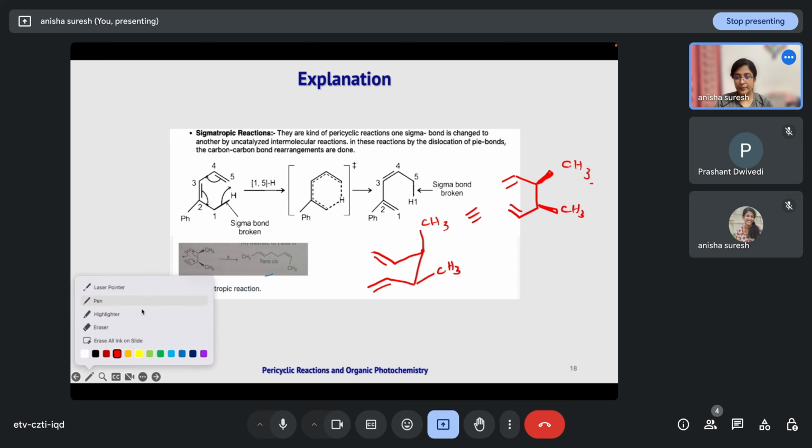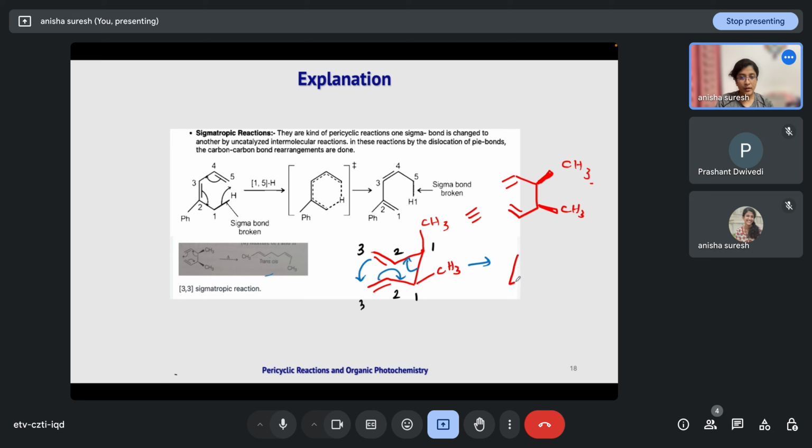Now 3, 2, 1, 3, 2, 1. It can undergo a 3,3 sigmatropic rearrangement resulting in the formation of CH3 like this.